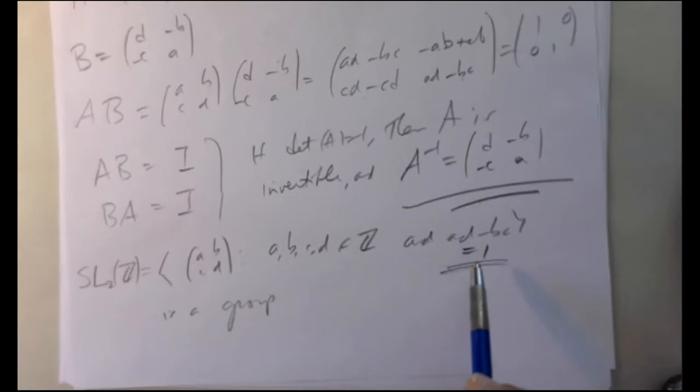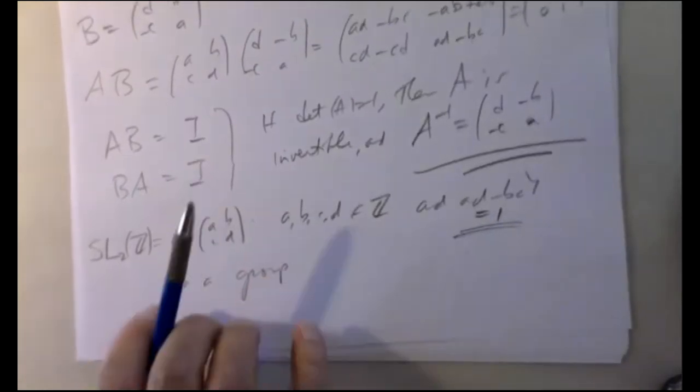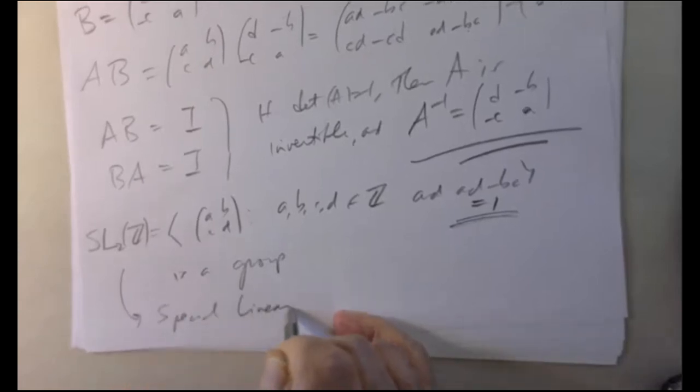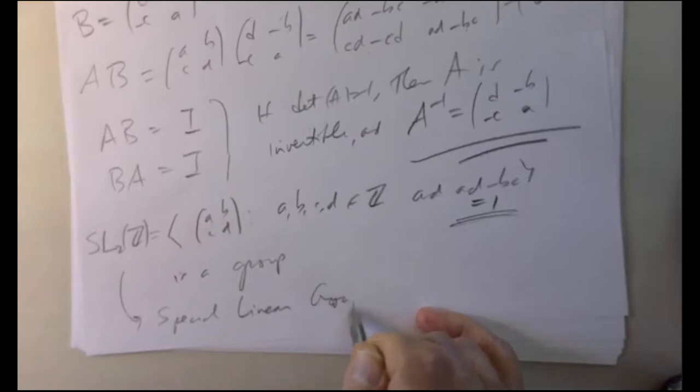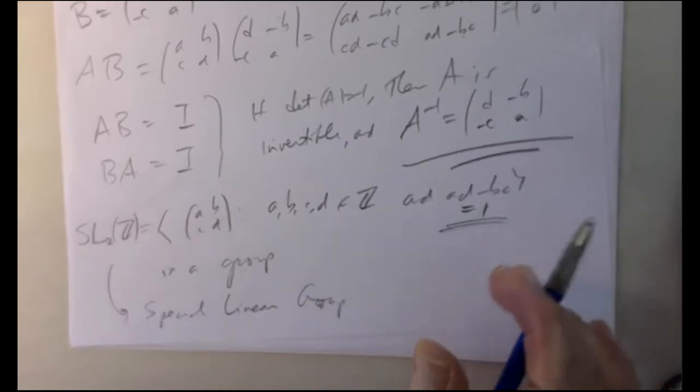Special in the sense that these are matrices with determinant 1. So this stands for the special linear group of 2 by 2 matrices with integer coefficients.